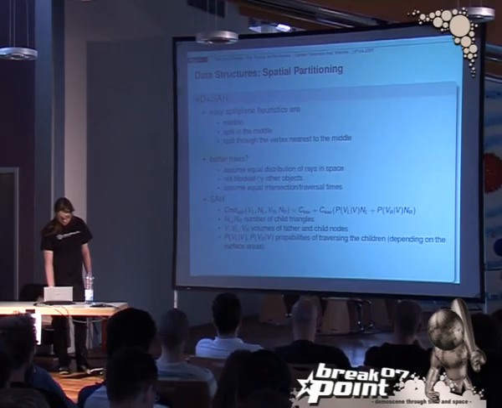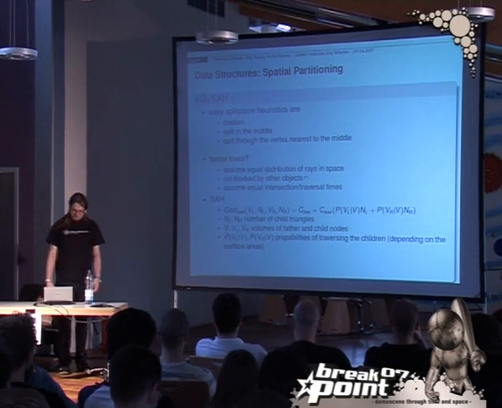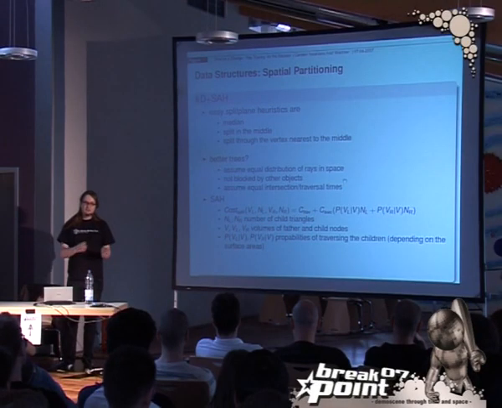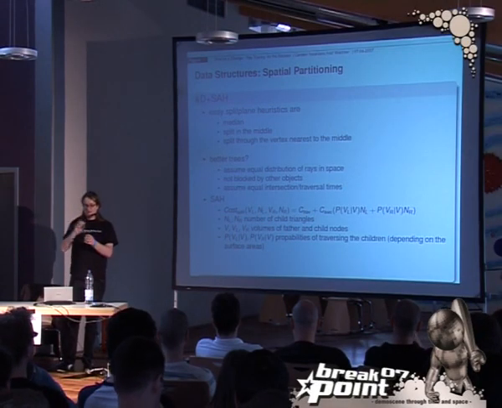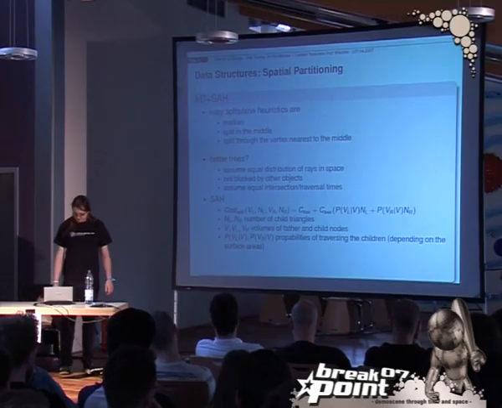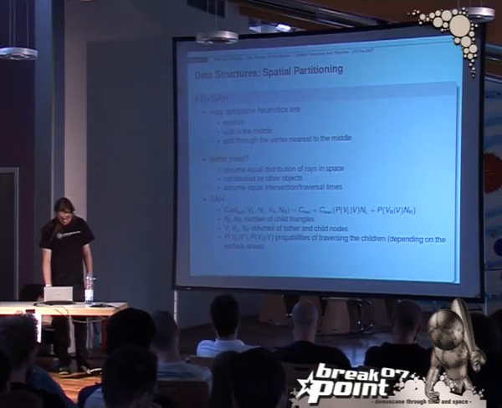And we must assume that the rays are not blocked by other objects. Also total nonsense, because we want to find intersections. And we have to assume that the intersection and the traversal times for each ray are the same at every depth of the tree. Also totally unrealistic.